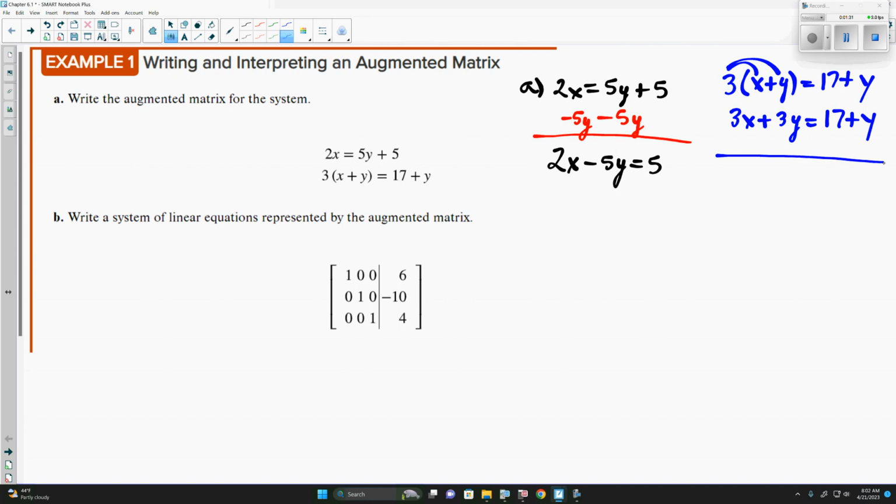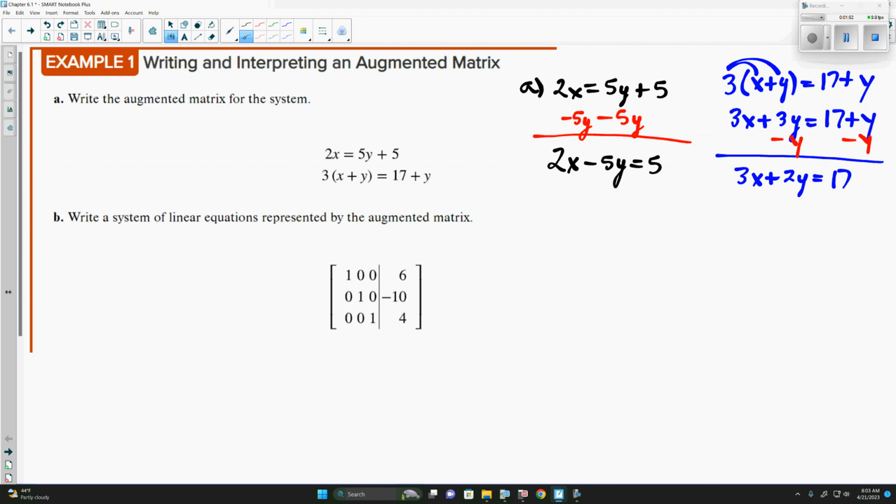Now at this point, we're going to subtract y from both sides, giving us 3x plus 2y is equal to 17. Now that we have both equations with x and y on the same side and in the same order, we can write the augmented matrix.